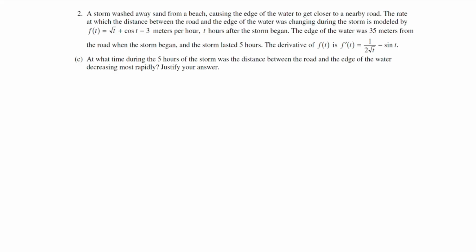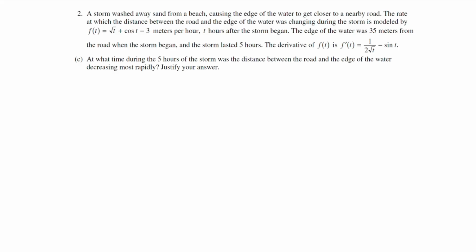So we are looking at when do we have a minimum or a maximum of our value of f. We're looking for decreasing most rapidly. Well, that's going to be a minimum.